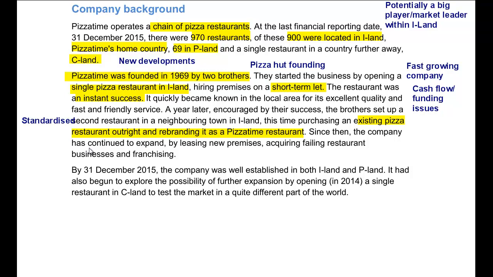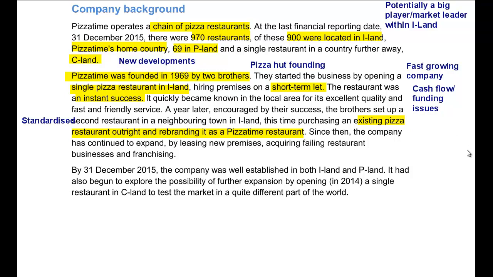Another thing is if you are purchasing a failing restaurant, one that still operates but it's just failing at the time, you have the issue with the staff who already work at the company. Now, it's difficult to just lay them off straight away, so you have to perhaps retrain them to the Pizzatime way of thinking.